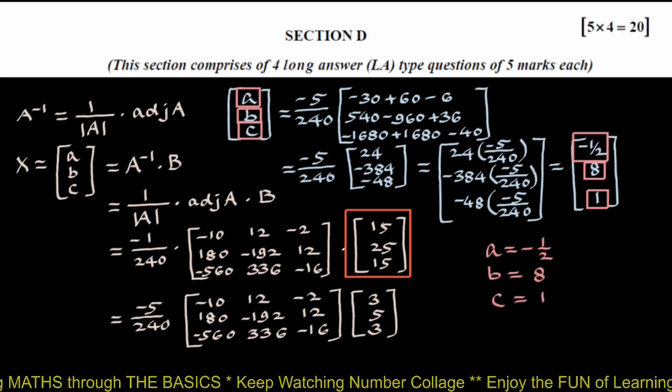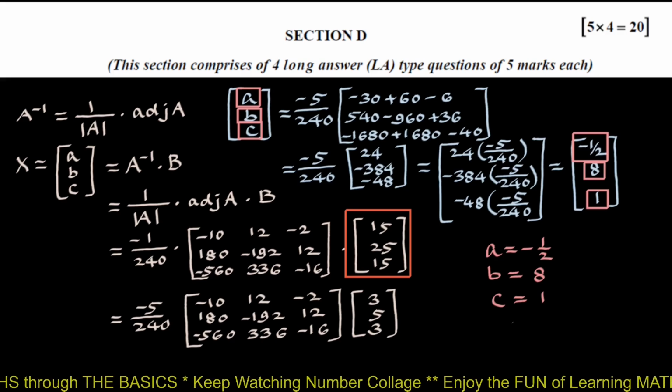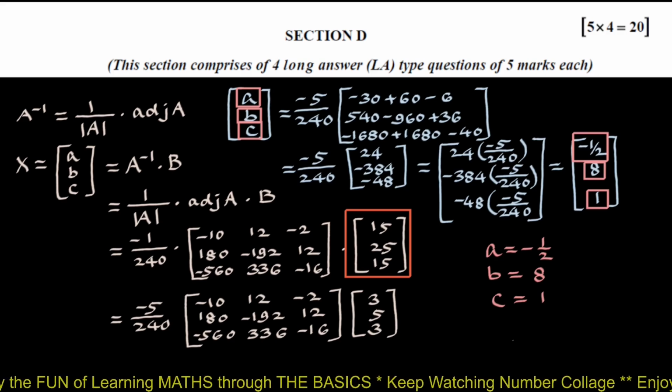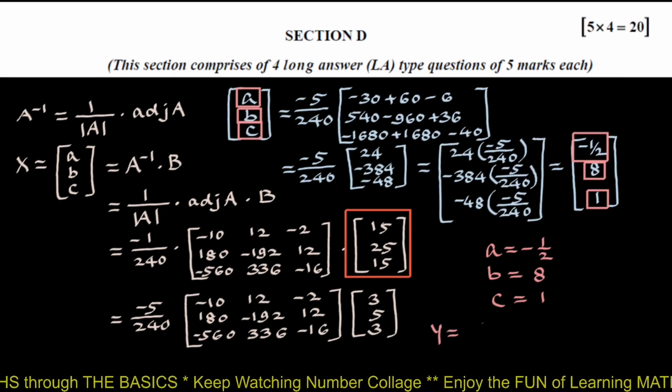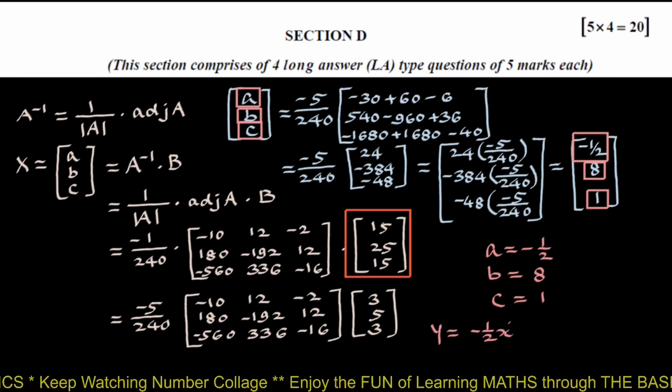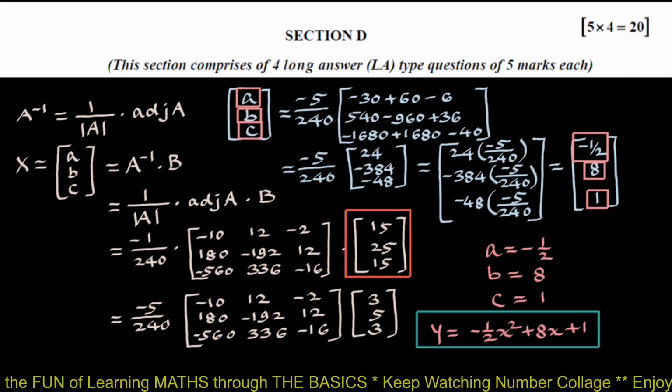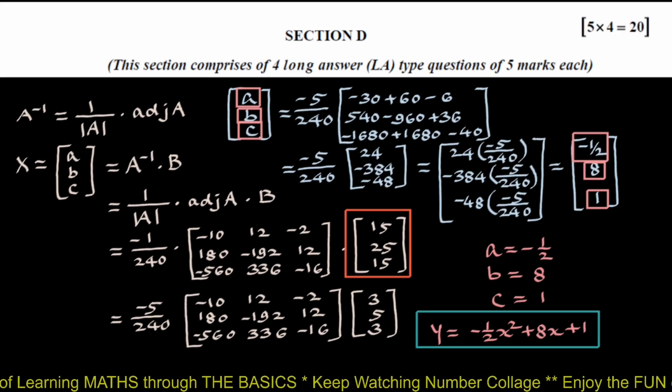Now we will substitute these values of A, B, C in the path traversed by the football headed by the player and get y equals minus half x square plus 8x plus 1 to be the equation of the path traversed by the football.